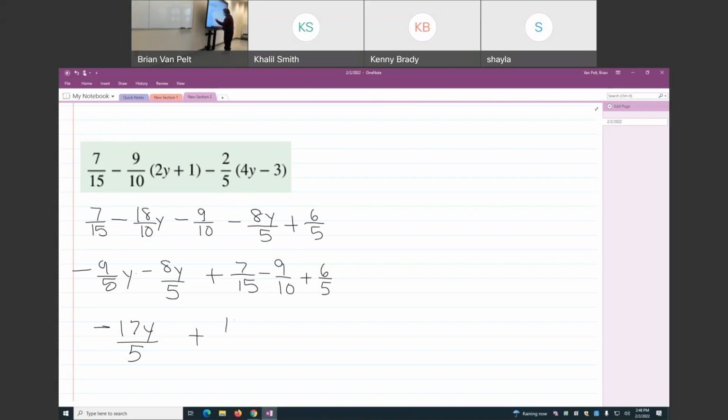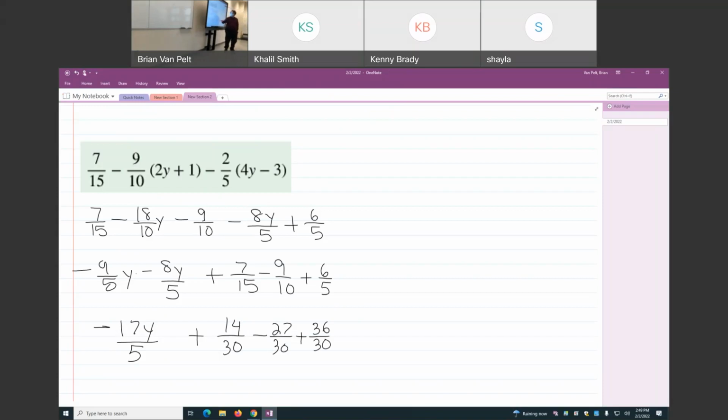So that's going to be 14 over 30 minus 27 over 30 plus 36 over 30. Chances are your calculator will actually do this for you. Did you know that? And it will combine them too and simplify them all in one shot. But I did all over 30.